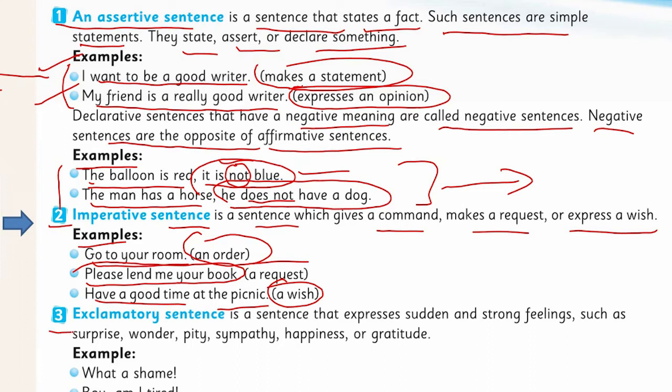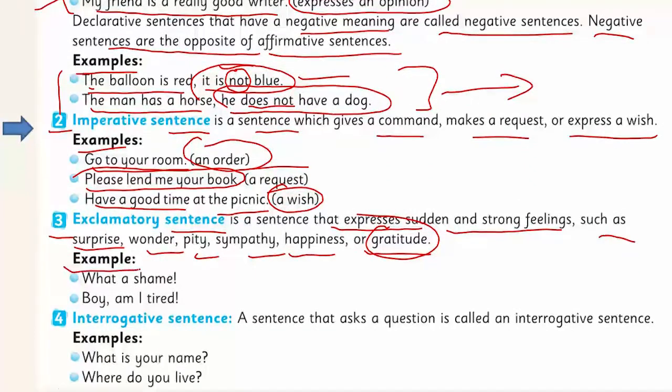Look at the third one. Exclamatory sentence is a sentence that expresses sudden and strong feelings such as surprise, wonder, pity, sympathy, happiness or gratitude. Gratitude मतलब शुक्रगुजार होना किसी का. For example, what a shame. This is the feeling of pity or sympathy. Boy, I am tired.